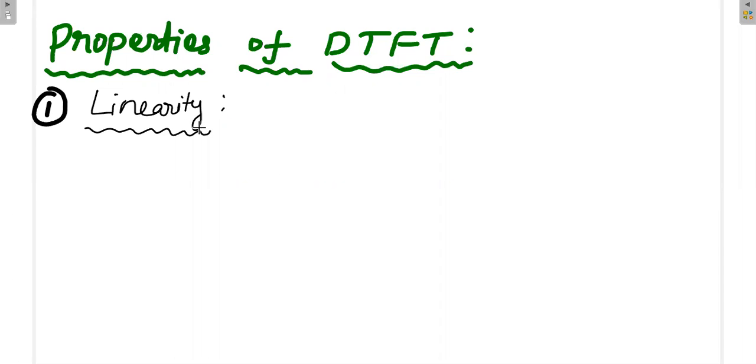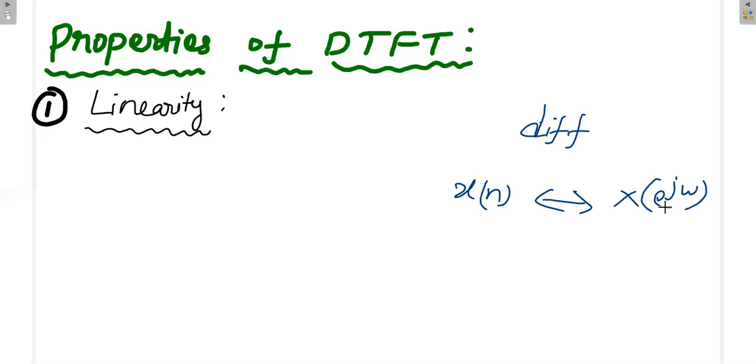Almost all the properties given here in the discrete time Fourier transform are similar to the continuous Fourier transform, except some differences. In particular, in these properties we will not have the differentiation in time domain property, because we know that x of n is discrete, and the discrete time Fourier transform, x of e power j omega, is continuous.